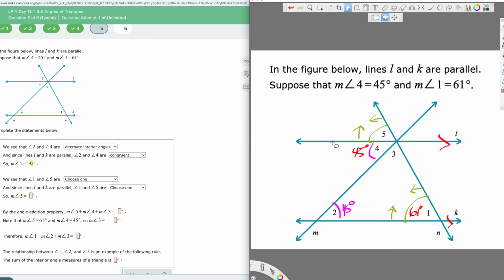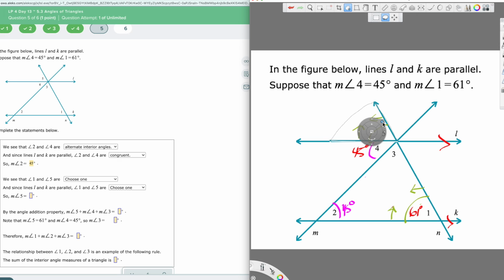Let's see, I wonder if I could do this. Nope, that's not what I wanted to do. I just wanted to move it. So I could actually move this guy right down here, and you see how it fits so perfectly right on top of angle 1. So it's a cute little visual to do it that way.